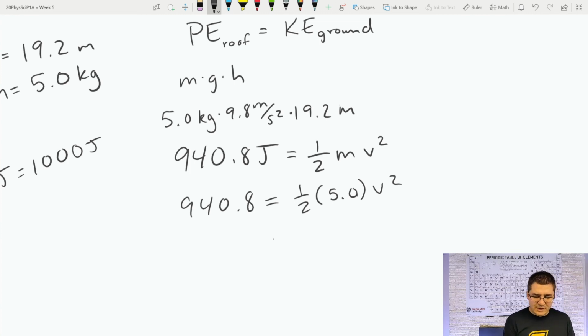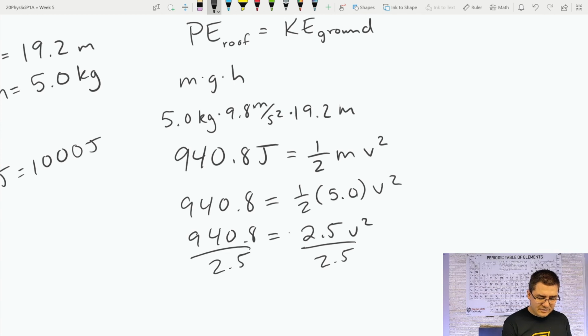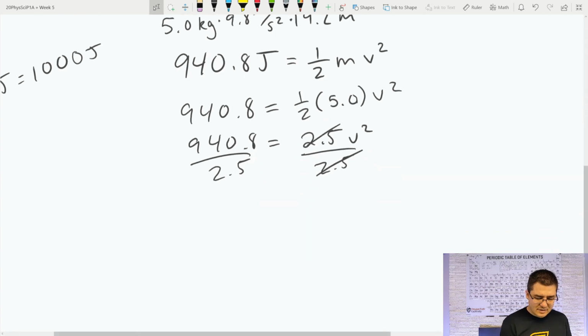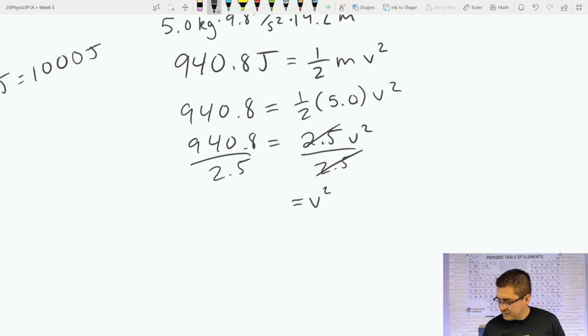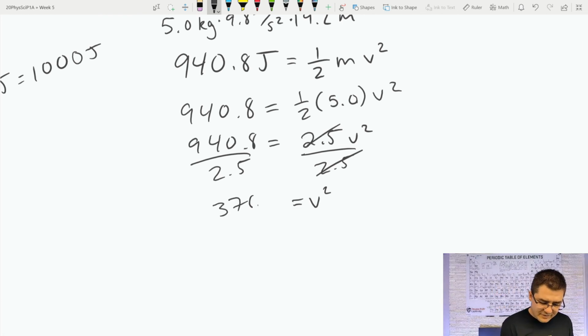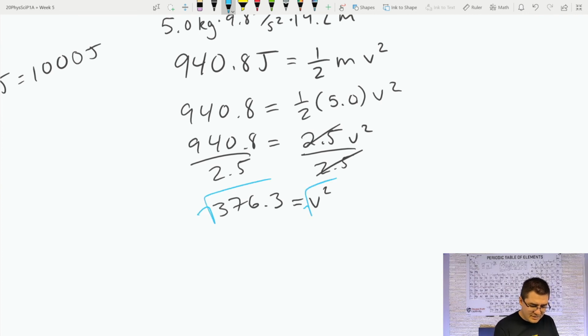And so then I do my solving. So 1/2 times 5 is 2.5. And divide by 2.5. Do that to both sides. We get v squared equals 376.3. And then to solve for the velocity, I square root both sides.